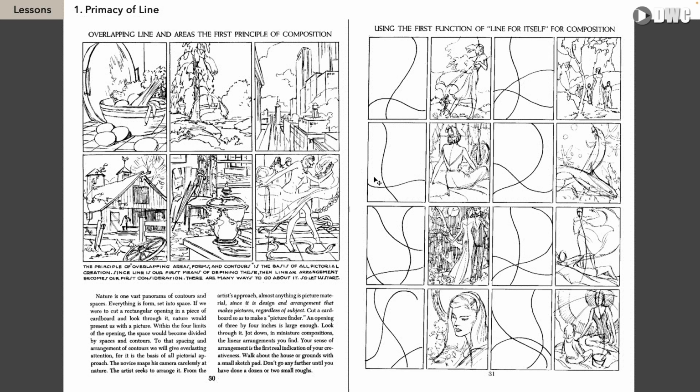Molly Banks suggests paper cutouts, which is totally valid. Some artists use blocks of tone and shape and value, which is totally valid, but line is also a wonderful way to begin because, as Loomis said, line in itself is just very pretty, intrinsically beautiful.